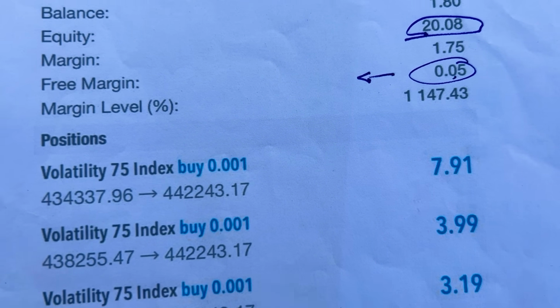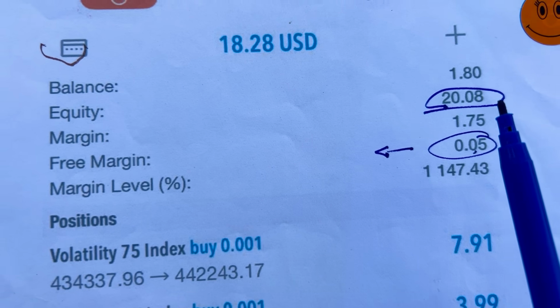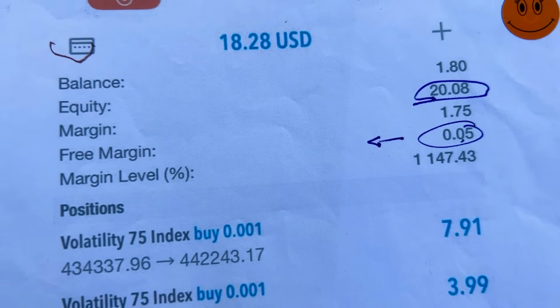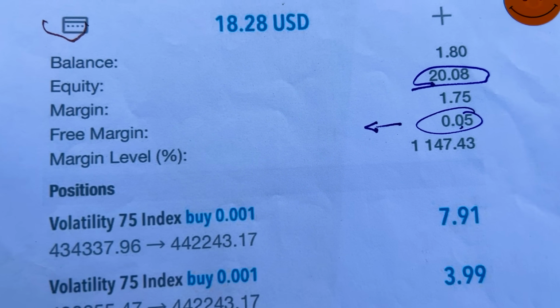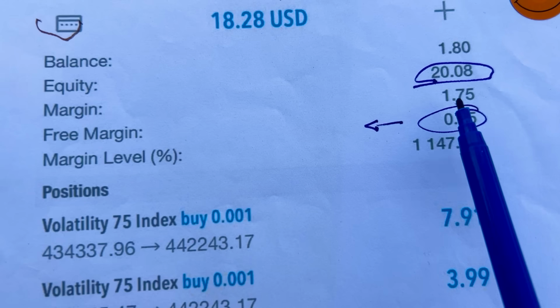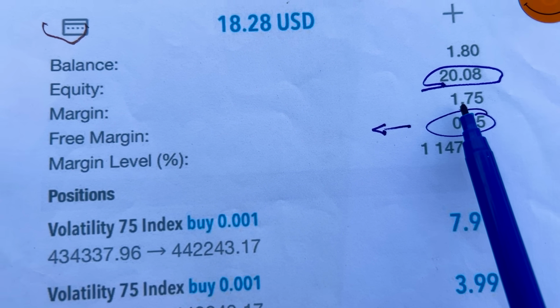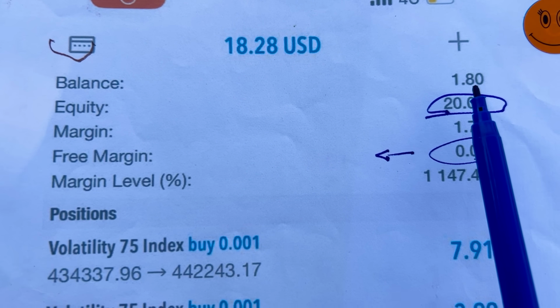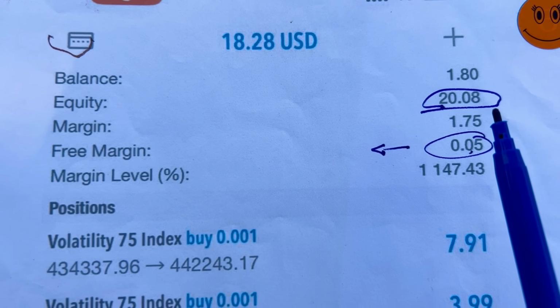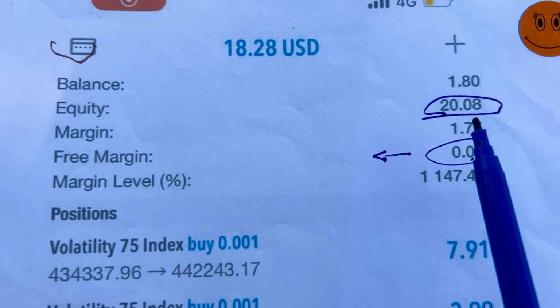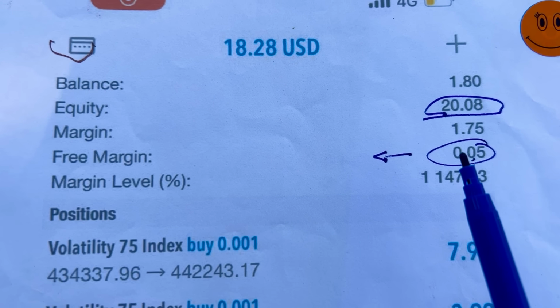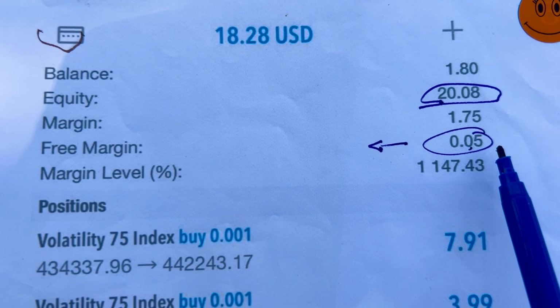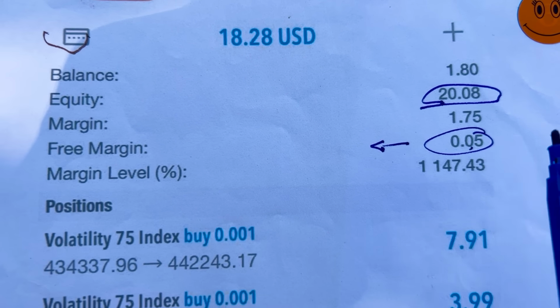Now, why did I select this example? I want to explain in a better way. You can see that I needed a margin of 1.75, which is, you can put $2. Once I put $2, that's actually 1.75, and I'm left with 0.05 free margin.